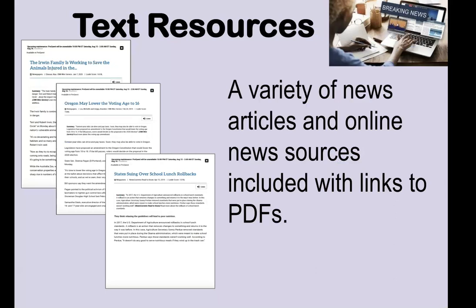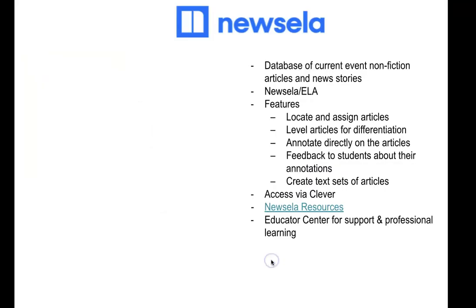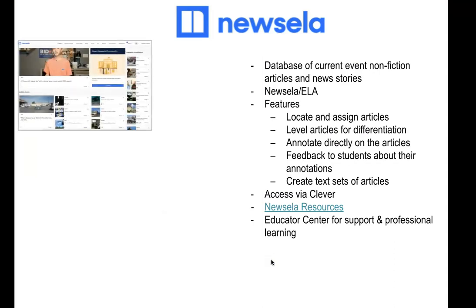Text resources. There are a variety of online news sources and articles included in the journalism curriculum and some lesson seeds. The links are embedded with links to the PDFs. Newsela.